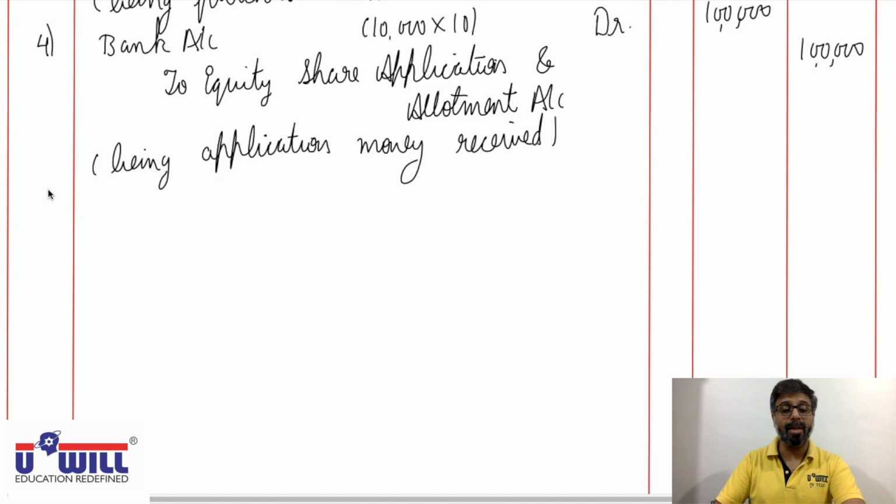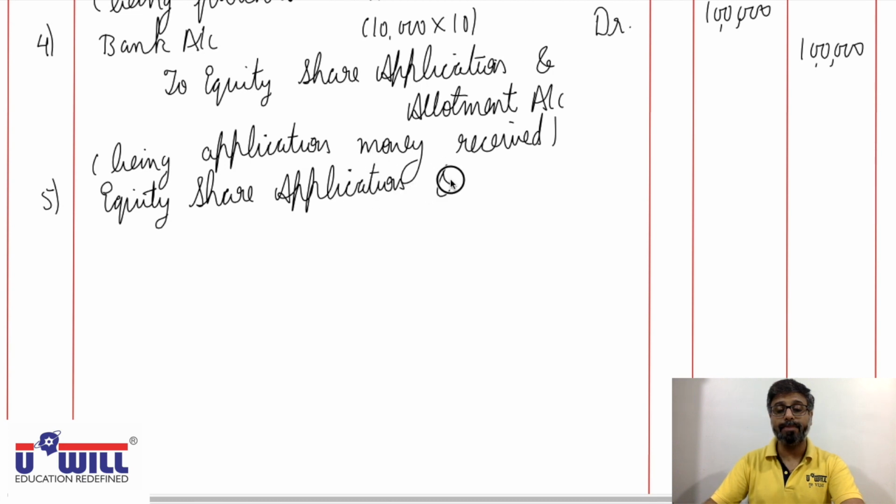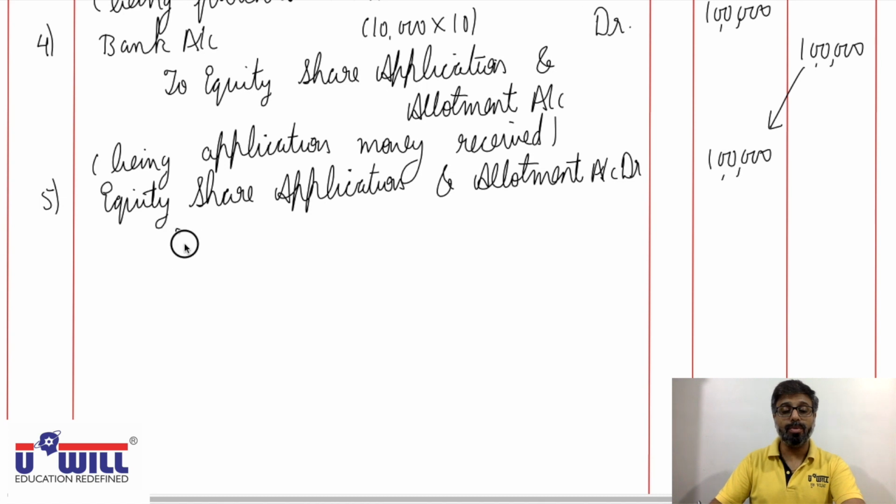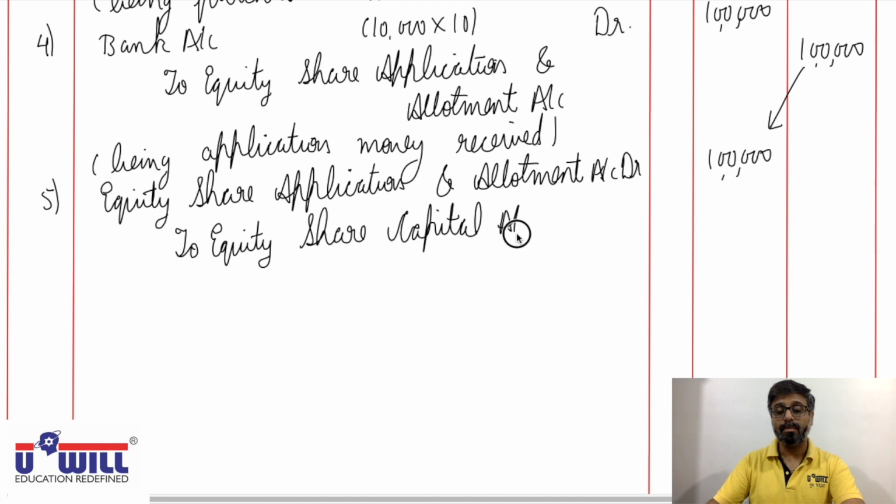And then second entry for issue of shares, equity share application and allotment account debit with same 1 lakh rupees to equity share capital account, 1 lakh.